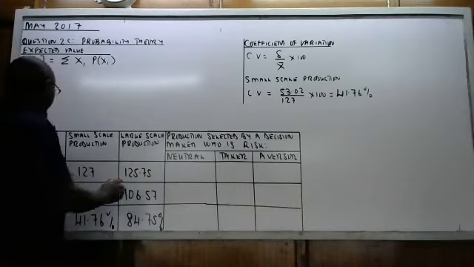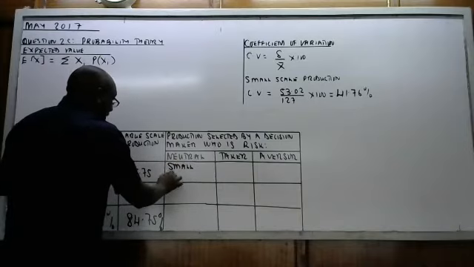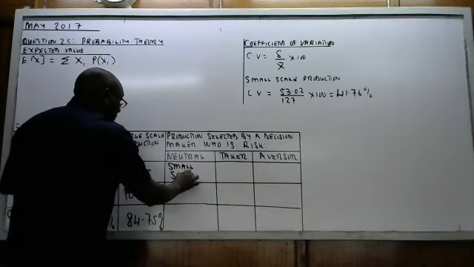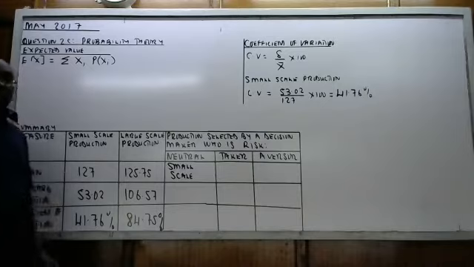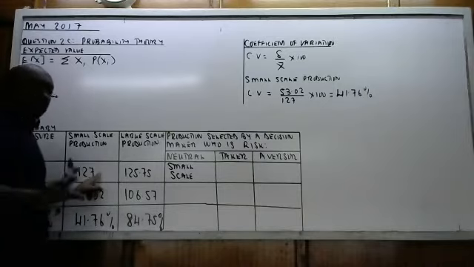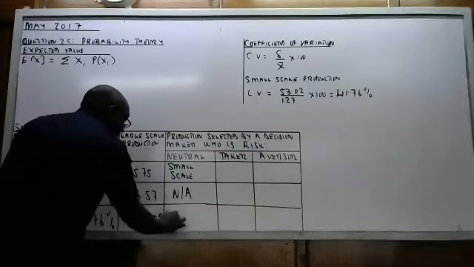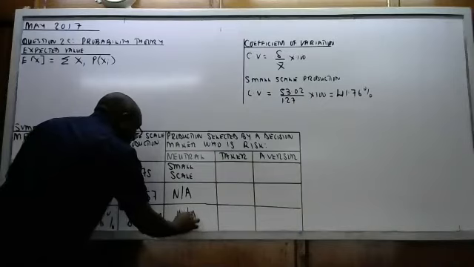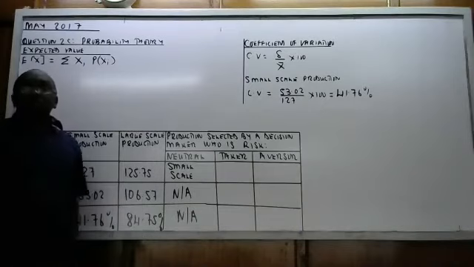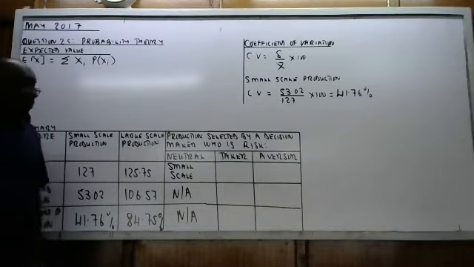He will go for the small scale. Comparing this and this, he will go for the high. He does not use standard deviation, so this is not applicable to him. Even the coefficient of variation is not applicable to him.